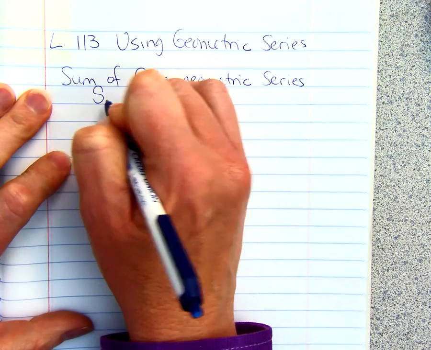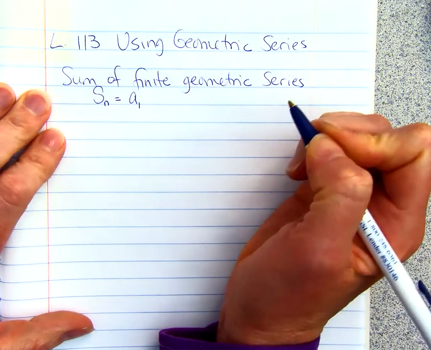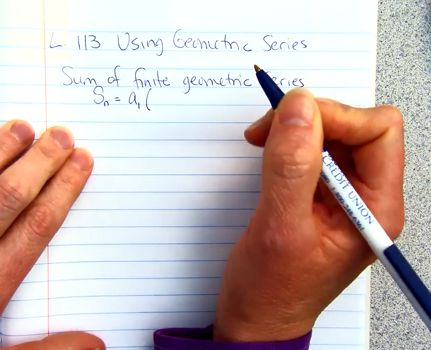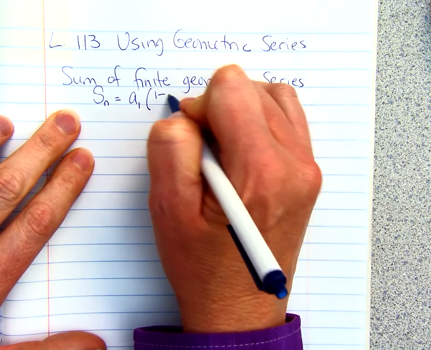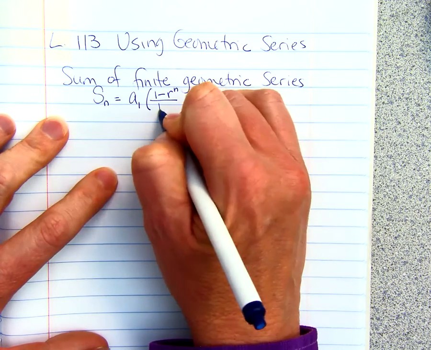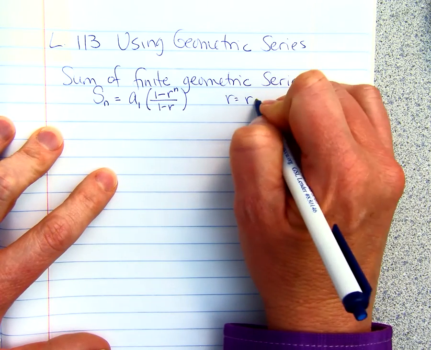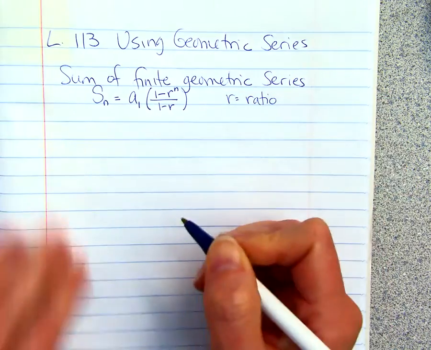S sub n equals the first term, a sub 1, times a fraction: 1 minus r to the nth power divided by 1 minus r.